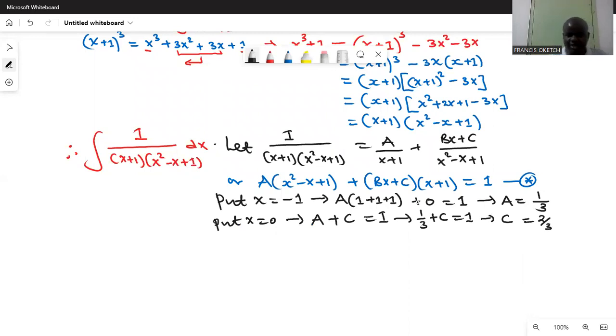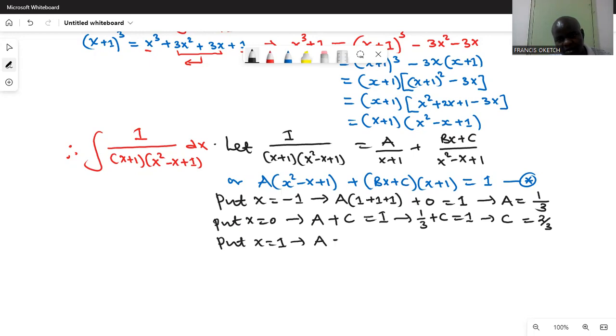Choose any other value to represent x. We always use smaller values because it's easy to work with smaller values than bigger values. So we can also put x equals 1 in equation star. That will give us a, because I have 1 squared minus 1 plus 1, that is just 1.